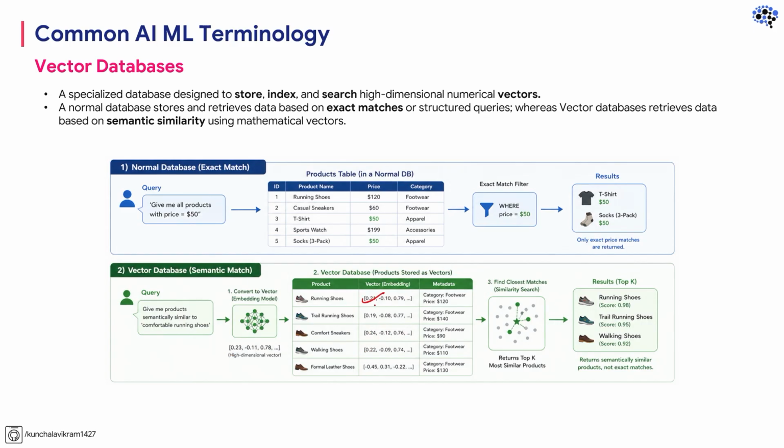Running shoes and then trail running shoes, probably this is wrong, but it will compare the other vectors and it will find the closest vectors for the user query and give you the responses. So this is semantic search. Vector databases retrieve data based on semantic similarity, not the exact keywords or the exact value, as we do in normal databases.